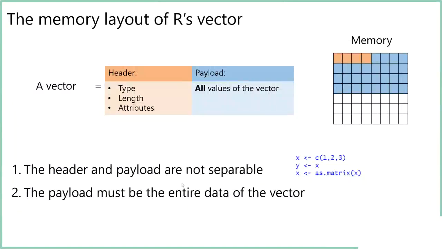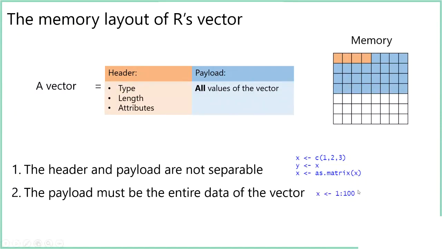For the second one, the payload must be the entire data of the vector. For example, if you have a vector that is a sequence from 1 to 100, and you know it's an arithmetic sequence, you don't have to store its data in memory. As long as you know its starting value and the length, you can reconstruct its values.